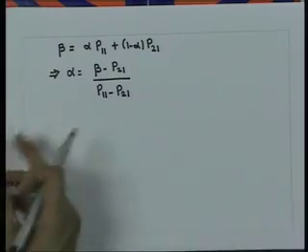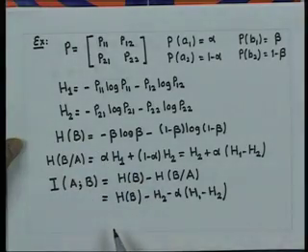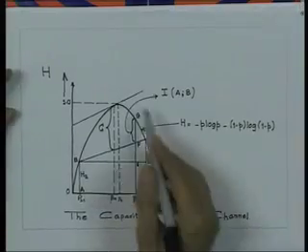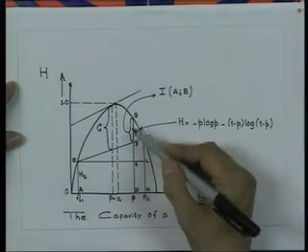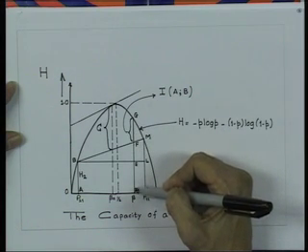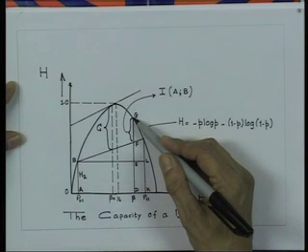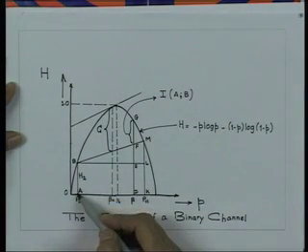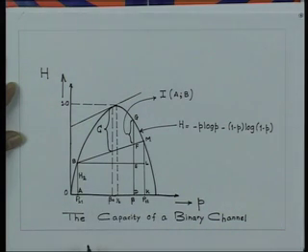Now, all these entropies can be depicted in a figure as shown here. In this figure, the length of DG represents the value of entropy of the output alphabet, that is H(B). The length of AB represents the value of H2.